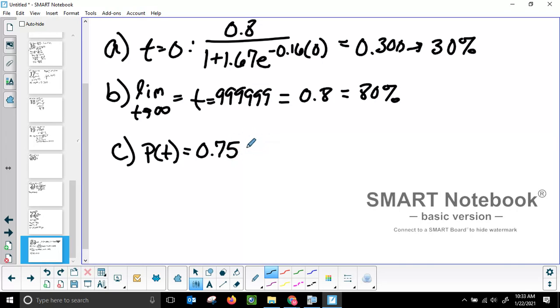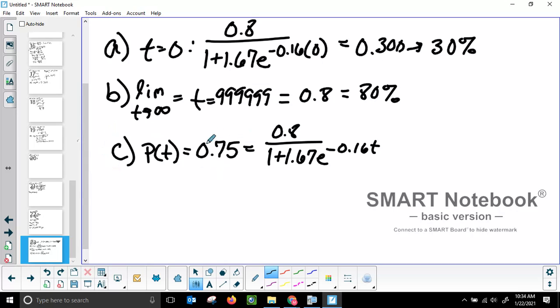And this has to equal 0.8 over 1 plus 1.67 e to the negative 0.16 t. Now, normally, I would actually want you to do the math and do this, but this is a multiple choice test. We're not showing any work. So it's actually quite easy to just go ahead and use our calculator.